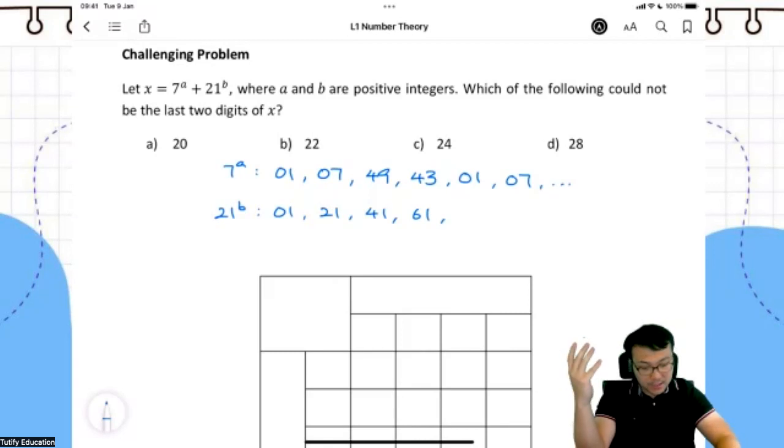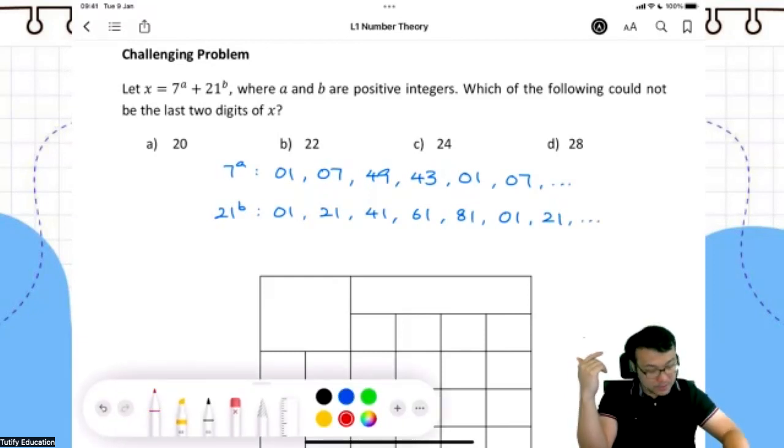Then you times 21 again, and the last two digits should be 81. After that, you times 21 again, it goes back to 0, 1, and it starts to repeat itself already.